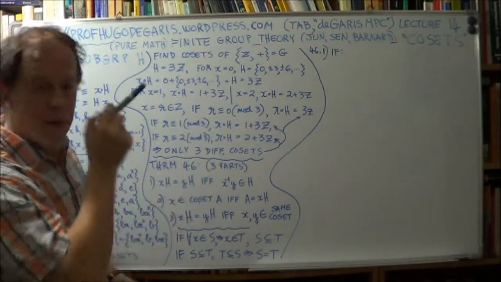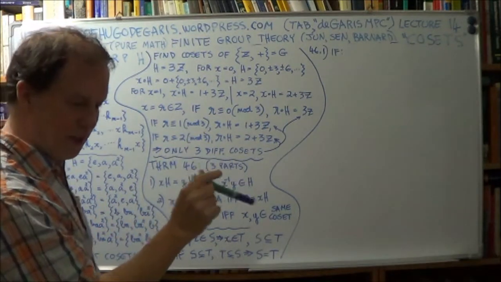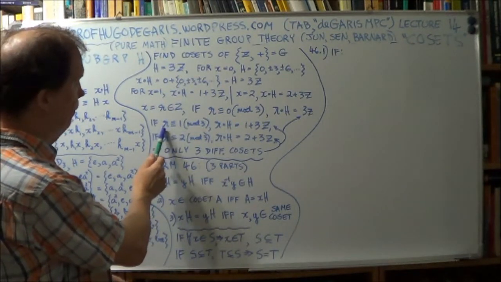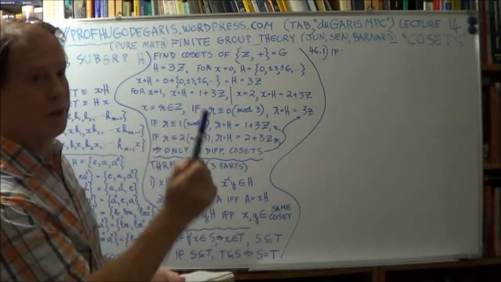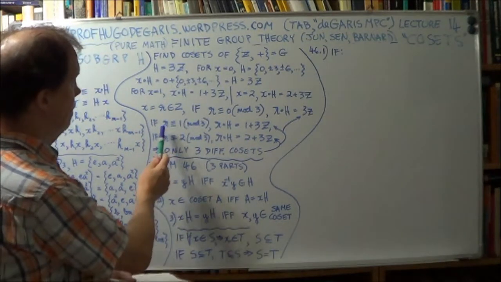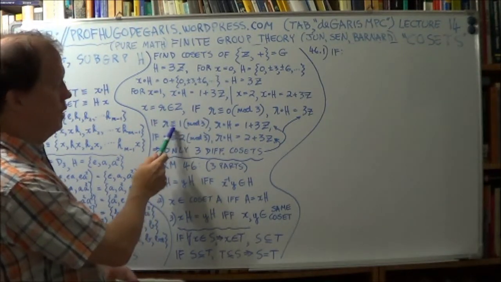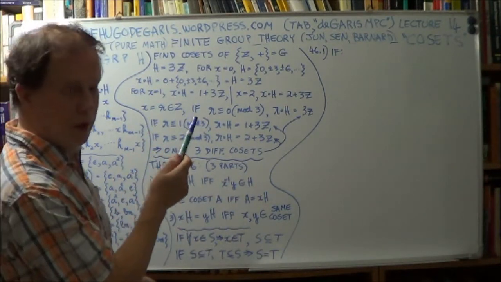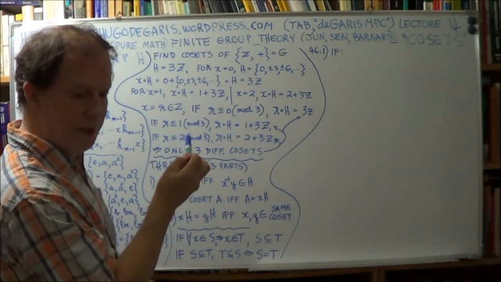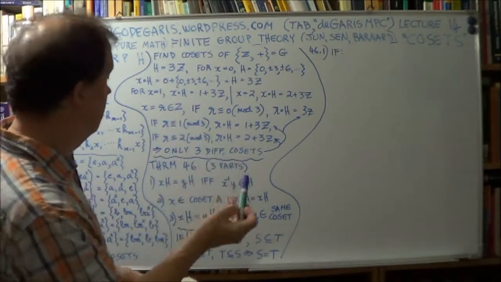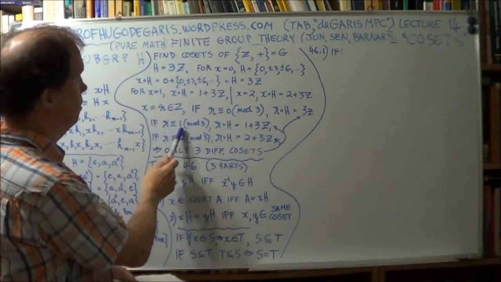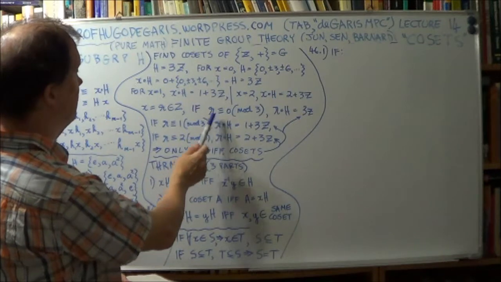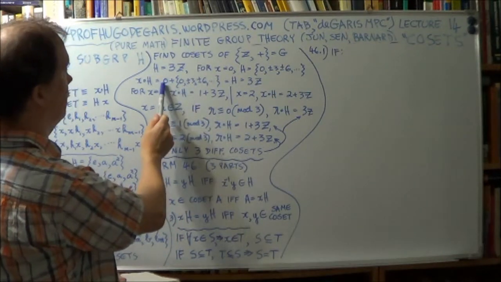Now we've done the particular cases, 0, 1, and 2. Now let's go to the general case. R can be anything, any integer. But if R is congruent to 1 mod 3, now if you've forgotten what the definition of congruency between two integers is, go back to earlier lectures.